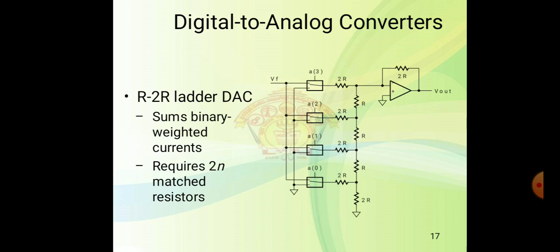Those switches in the zero position source no current, and the superposition of the sourced currents means that the total current is proportional to the binary coded input. The op amp voltage is thus also proportional to the binary coded input, in order to maintain the virtual ground at the op amp input.